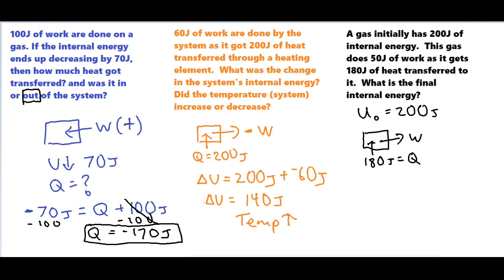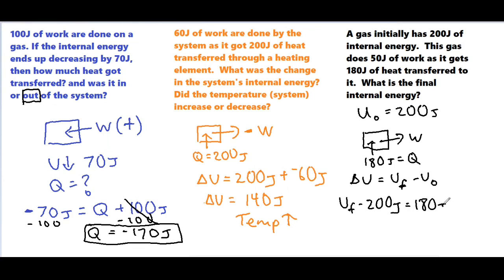Okay, so we're taking our delta U and we just are breaking it open to final minus initial. So we got our initial internal energy and we're looking for our final, which is our UF. So UF minus 200 joules equals Q of 180.